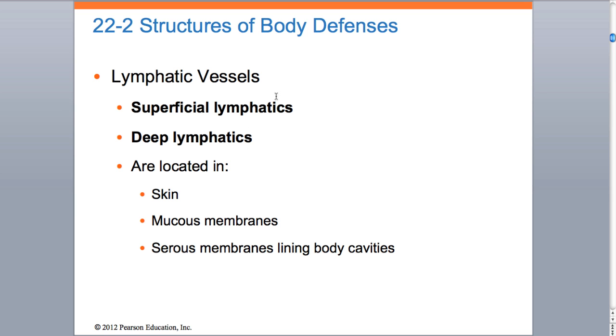Next slide. Now this slide talks about superficial lymphatics and deep lymphatics. Be aware that they're pretty much where? Everywhere. One of the other slides said that the lymphatic system is found in pretty much everything. So you have lymphatic vessels in your skin, your mucous membrane, your serous membrane, pretty much everywhere. The reason for that is wherever the bloodstream will be, that is where the lymphatic will be.